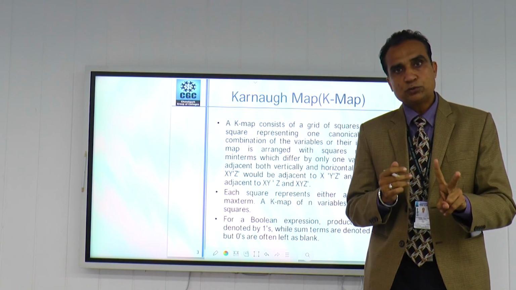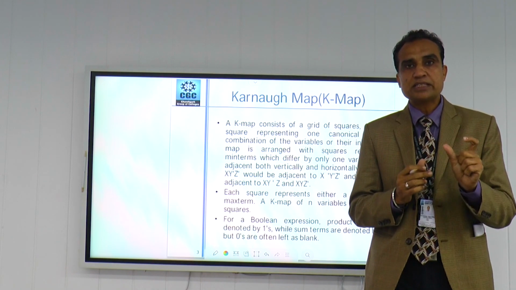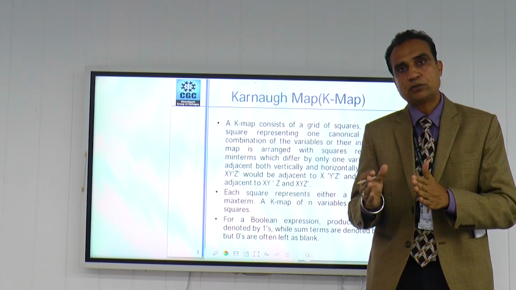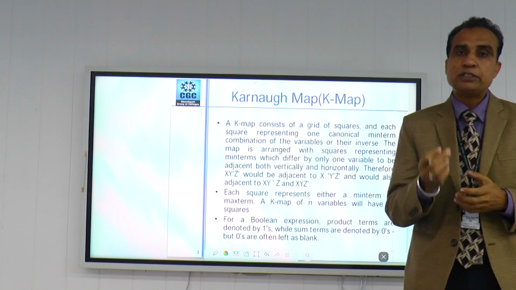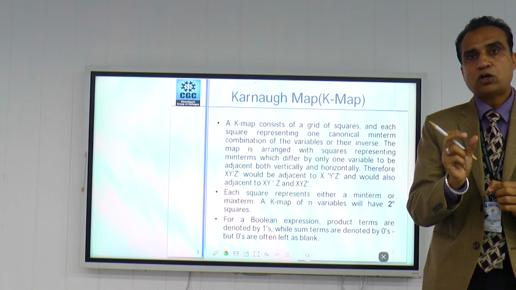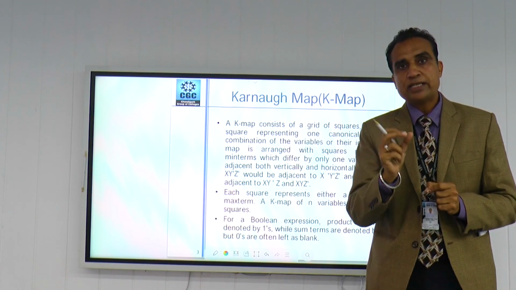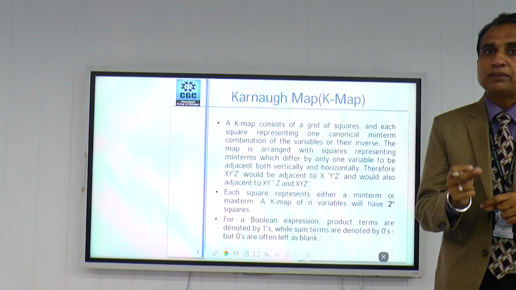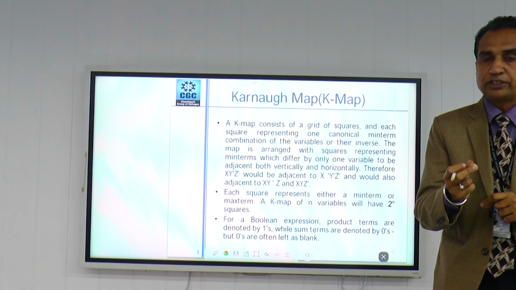Now there are 2 ways to represent Boolean expressions: one is SOP and the second is POS, sum of product and product of sum. When we represent the equation in SOP form, each element of the equation is known as a min term. Each square grid in the K-map is used to represent a min term.